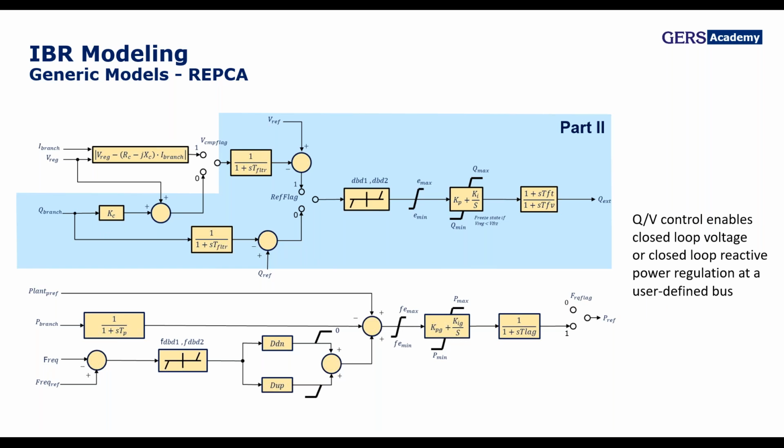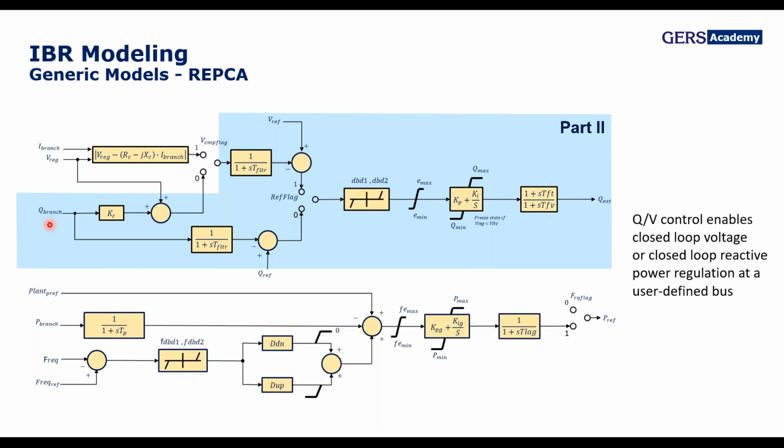The reason why is that when you have multiple units interconnected to the same POI, if you don't have the droop parameter or the droop constant, you can have weird interaction between the controllers of different stations.